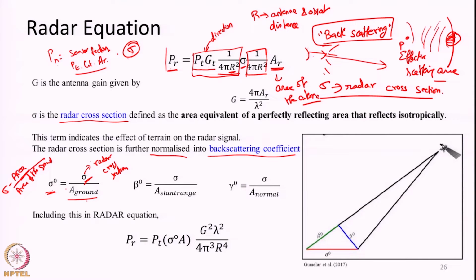So, here we are now converting into a ratio. This is the area of the isotropic reflector that is required. Somehow we calculate it. Once we calculate it, we normalize that with respect to the area of the ground that produced or that requires that much radar cross section.